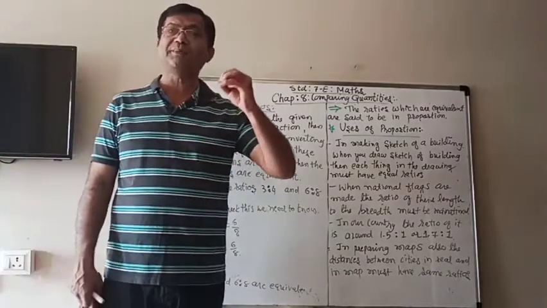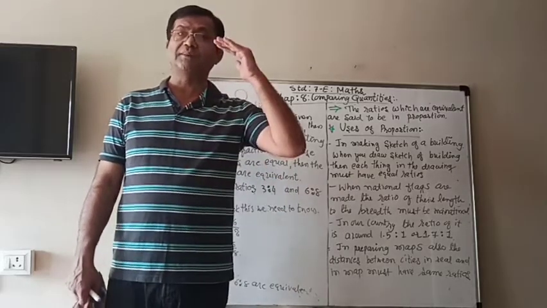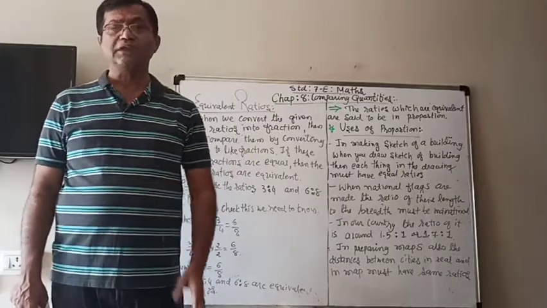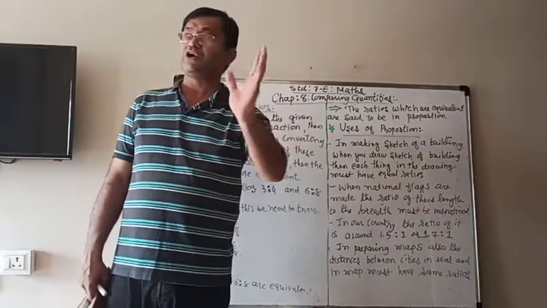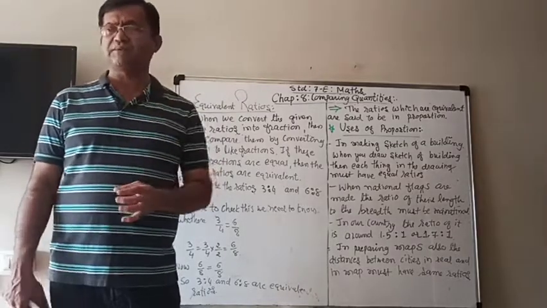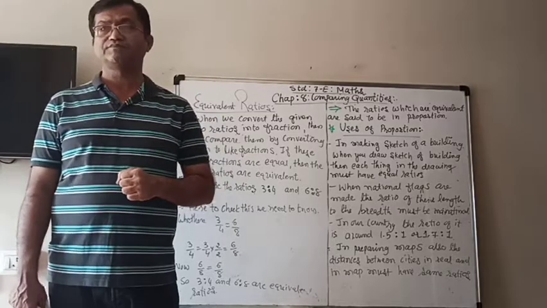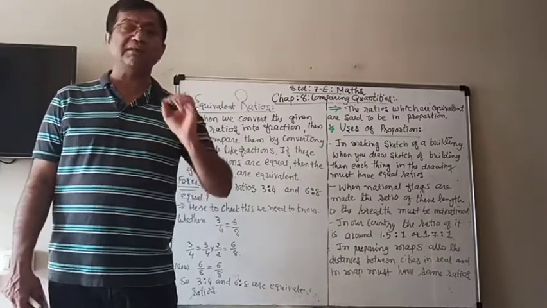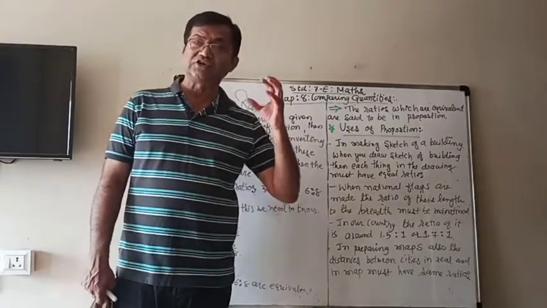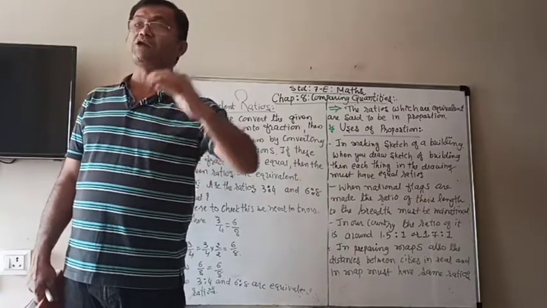When he draws the blueprint also, he will keep in mind the ratio of the real height and the height in the drawing. The length, the breadth, the height of the rooms, kitchen, everything. He will draw perfectly with the same ratio, whatever ratio he maintains throughout. And then that drawing will give you a perfect idea of the house to be built.